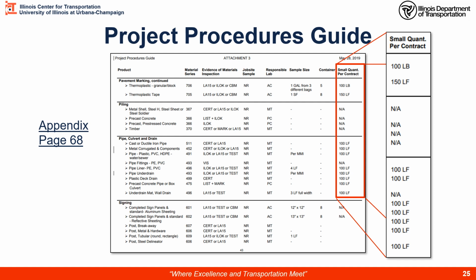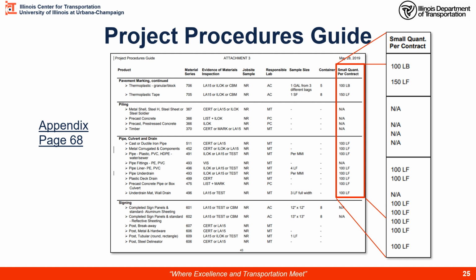Here we're looking at maybe the pipe products, and let's say I have cast or ductile iron pipe. I go over here and I look, and it says the small quantity is 100 lineal feet. This means I could place ductile iron pipe from an approved source up to 100 lineal feet on my contract, and I do not have to submit the evidence and material inspection for it.